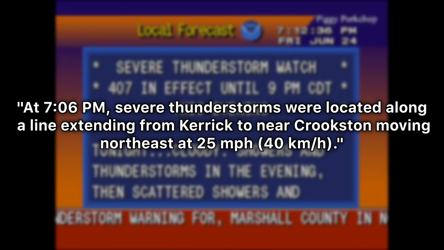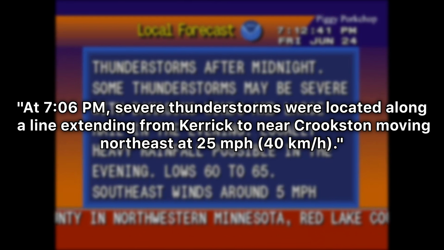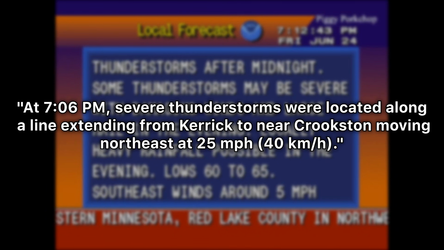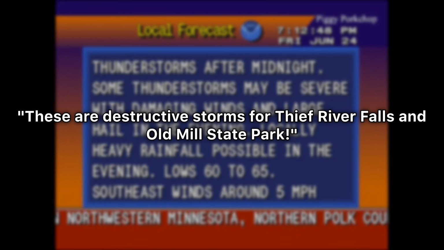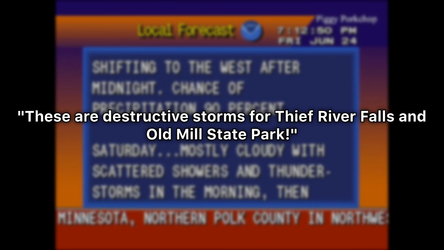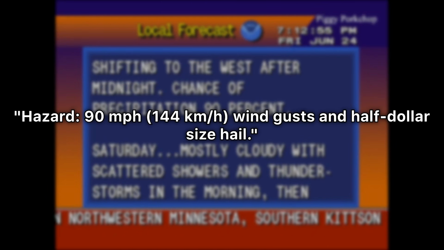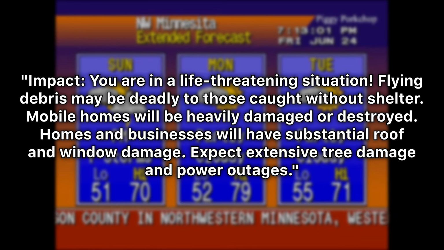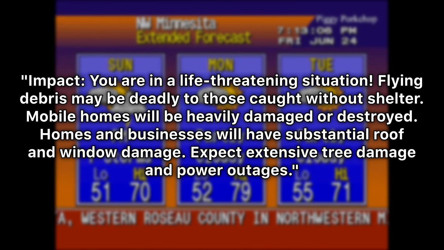At 7:06 p.m., severe thunderstorms were located along a line extending from Herrick to near Crookston, moving northeast at 25 miles per hour. These are destructive storms for Thief River Falls and Old Mill State Park. Hazard, 90 miles per hour wind gusts and half-dollar size hail. Impact, you are in a life-threatening situation. Flying debris may be deadly to those caught without shelter.